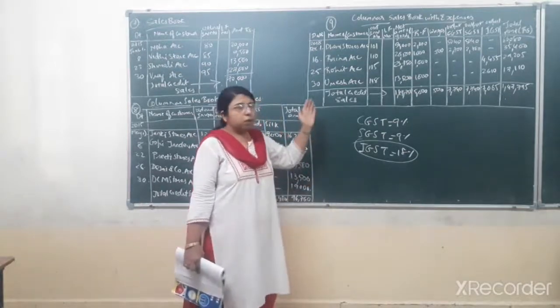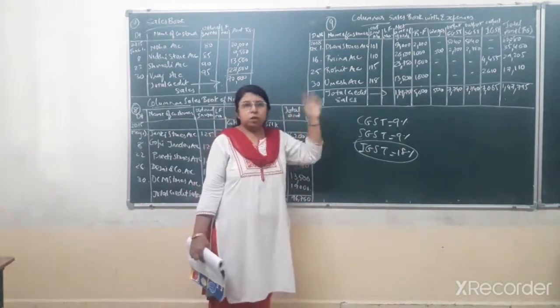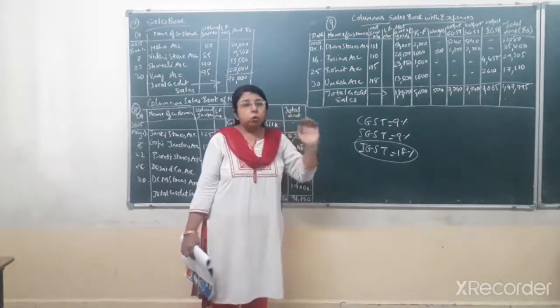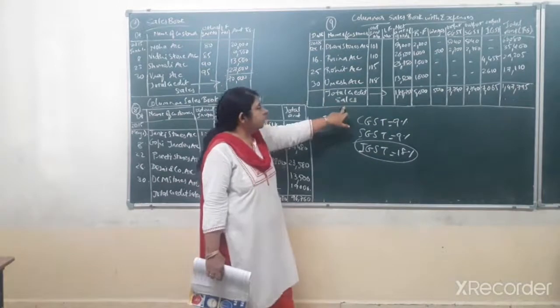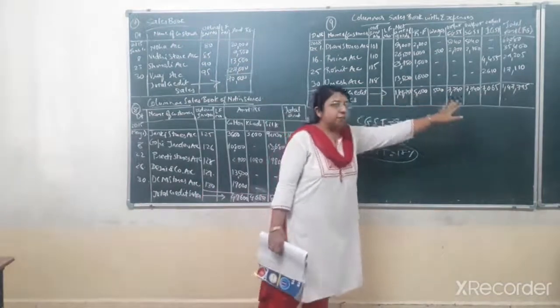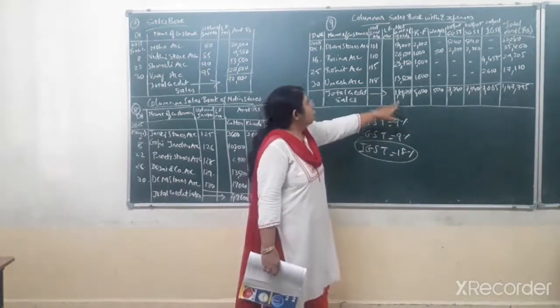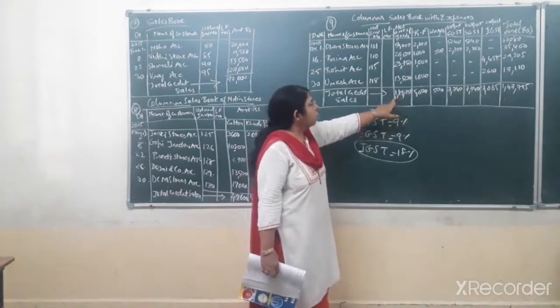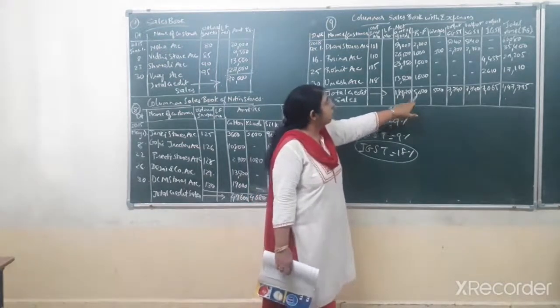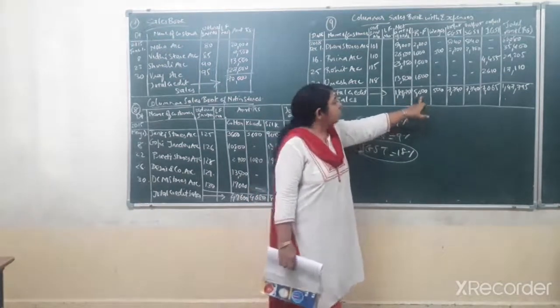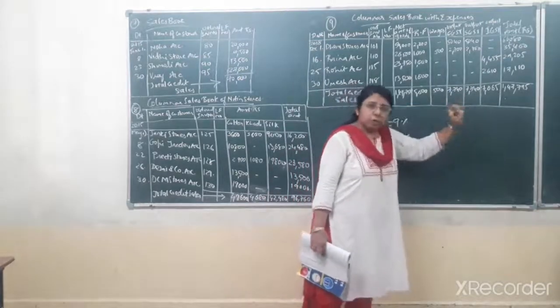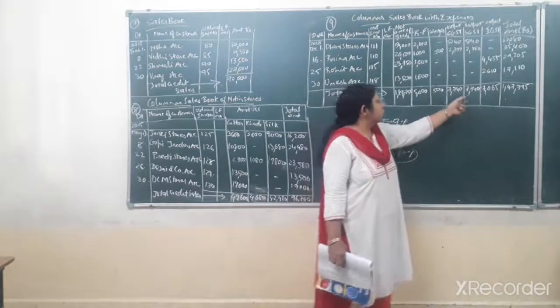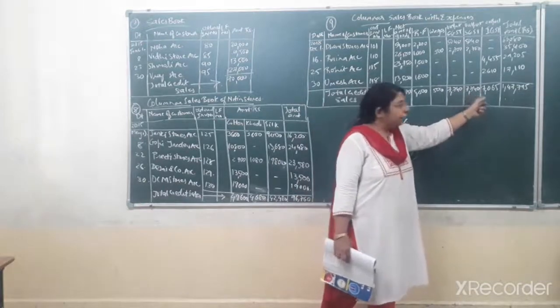Now after doing the entries or posting in the concerned sales book, we have to do the total of the credit sales. Okay, so for the total credit sales, we have to total each and every amount. First of all, the total of the net amount of goods will come to 1,19,750. Total of railway freight will come to 5,000, wages 500, CGST and SGST both will be the same amount, that is 7,740 each.